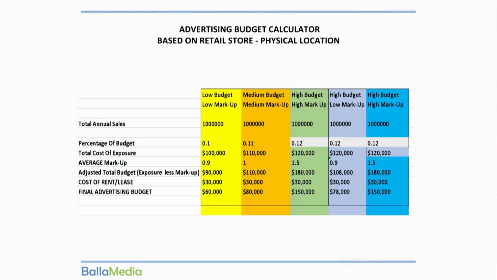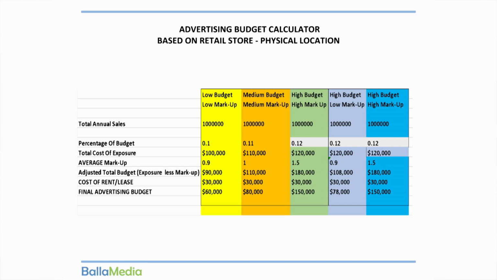That has increased by 100%. So the 5 to 6% no longer works in terms of growth. You have to look at a minimum of anywhere between 9 and 10%, and up to 11 and 12% as a high budget level. So let's take, for example, a percentage of budget of 11%.